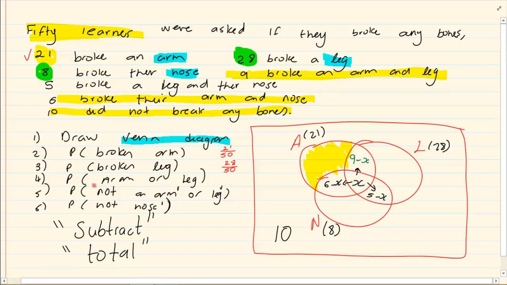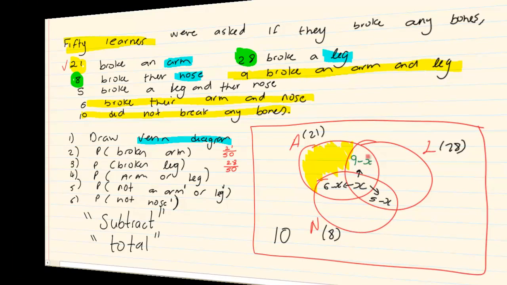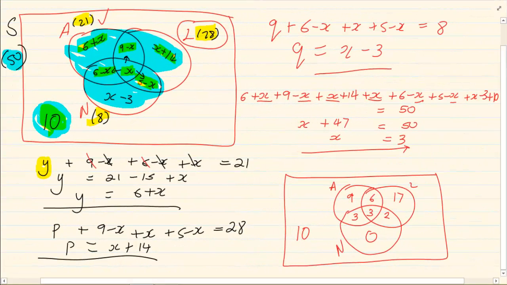An arm or a leg. Now you see how that becomes more challenging, because now you don't know what's an arm or a leg. Okay, but if you look at your drawing, an arm or a leg, or means everything. So I'm going to take everything here. Can you see? So we've got 9 plus 6 is 15, plus 3 is 18, plus 3 is 21, plus 2 is 23, plus 17 is 40.